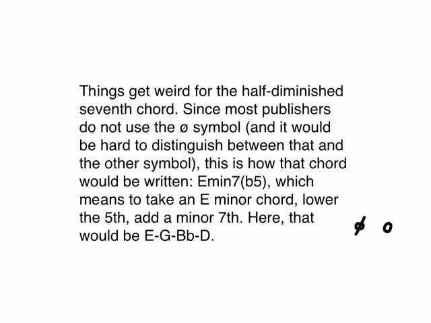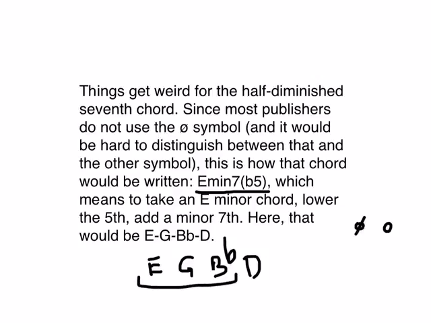It's usually written as an E minor seventh with flat fifth, or lowered fifth, which means take an E minor chord. So if the E minor chord were E, G, B, lower the fifth, B becomes B flat, and add a minor seventh, D. That's our half diminished seventh chord. Diminished triad, minor seventh. The symbol for it is kind of unwieldy, but that's what we're working with.